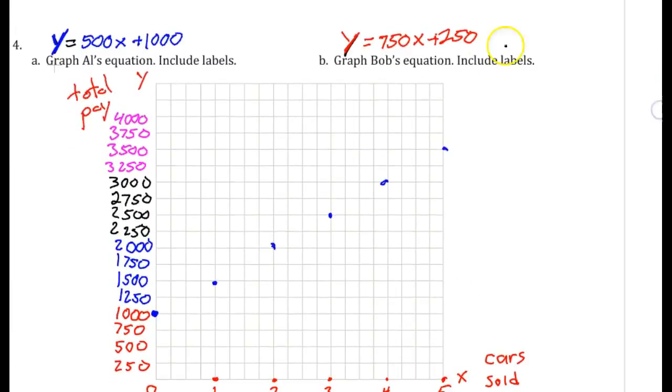Or we could just use the y-intercept, same thing, 250. 1 car, you'll make 1,000. Right? So it's a different slope, going up faster. 2 cars is 1,750. 3 cars, then it ends up at 2,500.